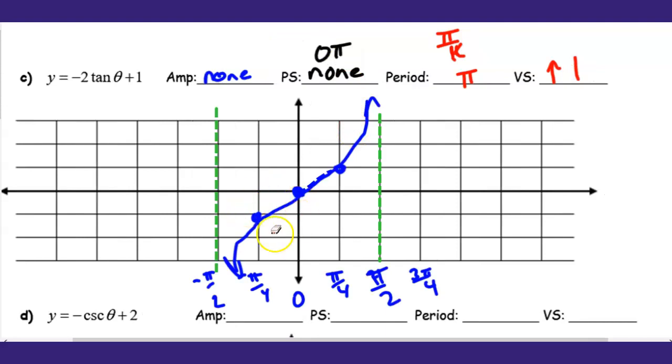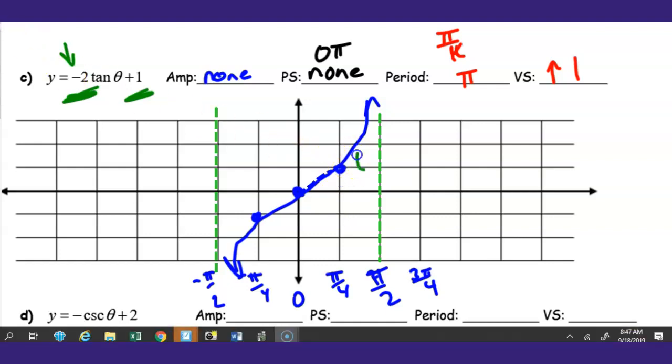So this is the parent function for tan. What do we need to do? We need to stretch it by -2, reflect it, and we also need to move it up 1. So take this point right here, pi over 4, 1.